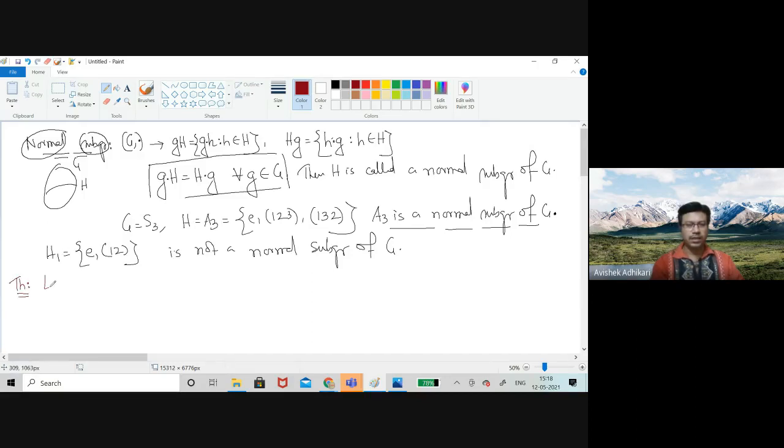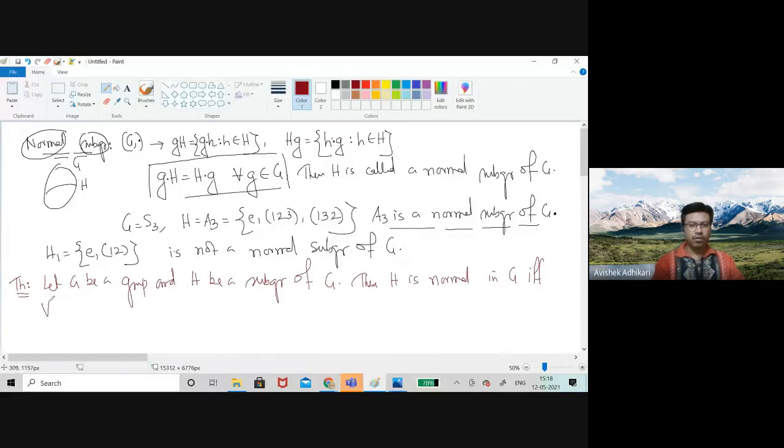It says that let G be a group and H be a subgroup of G. Then H is normal in G if and only if for all g belongs to G and for all h belongs to H, g h g inverse belongs to H.